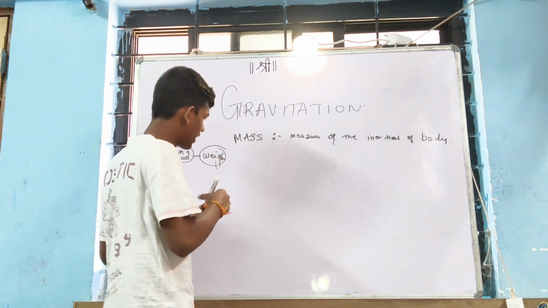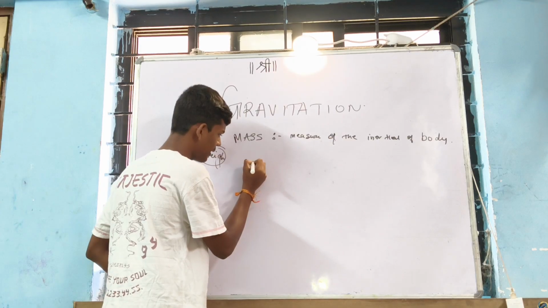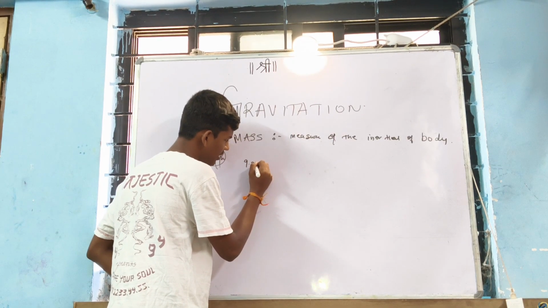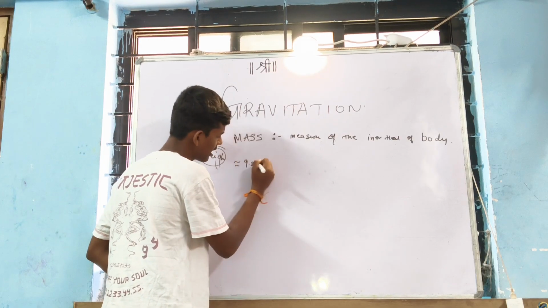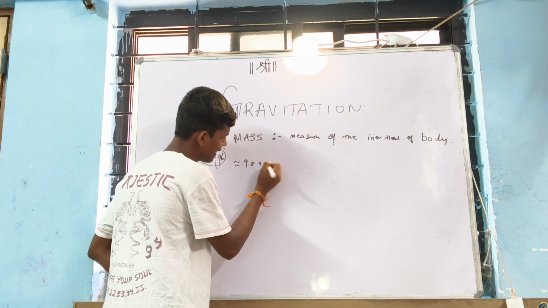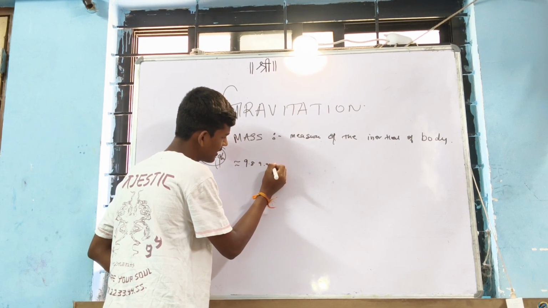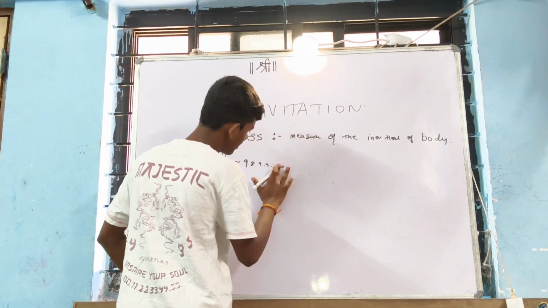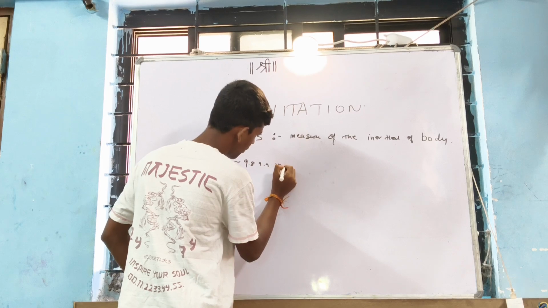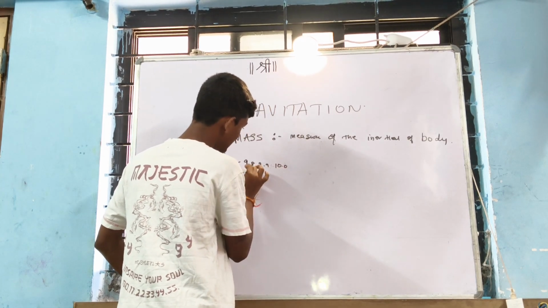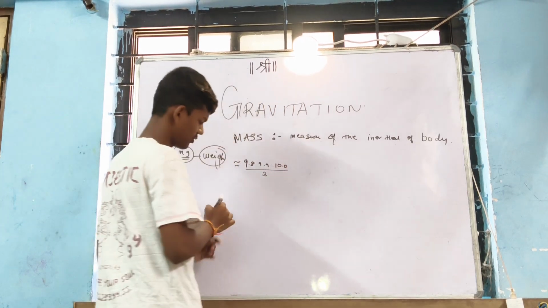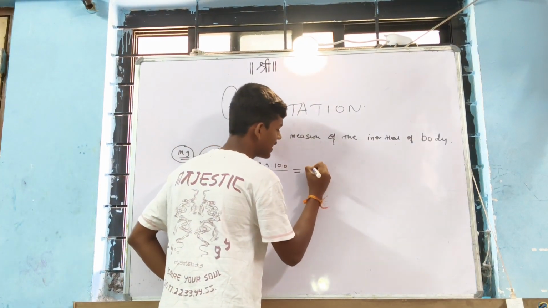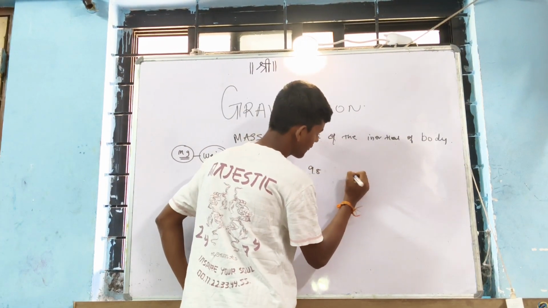See, the acceleration due to gravity on the earth is 9.8 to 9.9. Actually, it is an average of this. Some textbooks take 9.8, and some of them take 10.